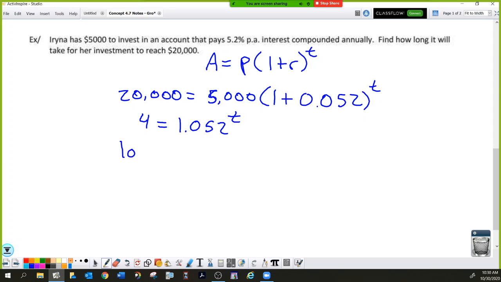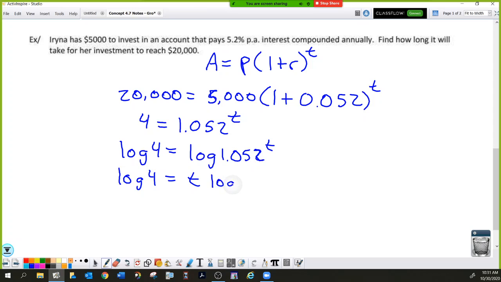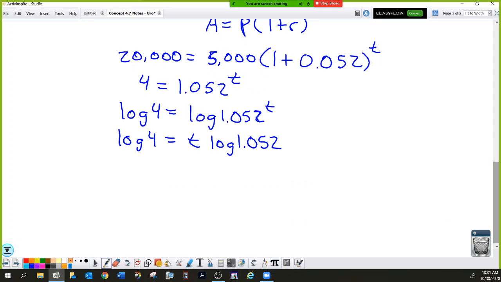Painful. Okay. Log of 4 equals log of 1.052 to the t. And of course, you could put that t in front because it's an exponent. And then lastly, divide both sides by log of 1.052, which is what change of base would have given you anyway.